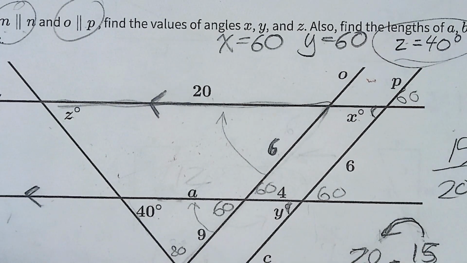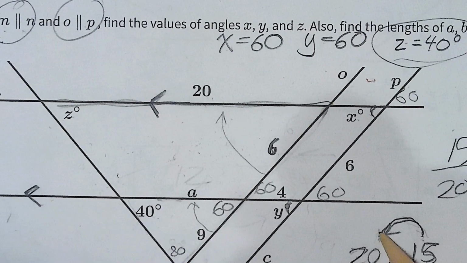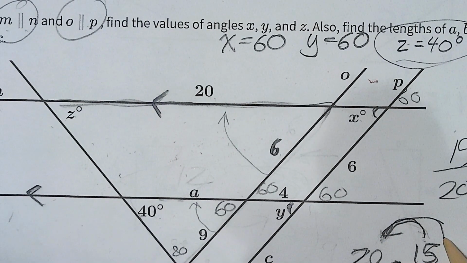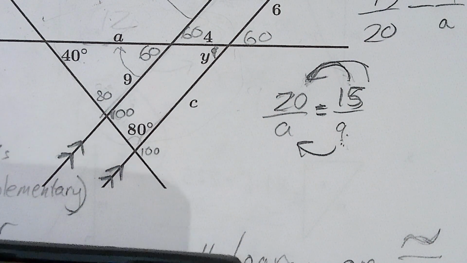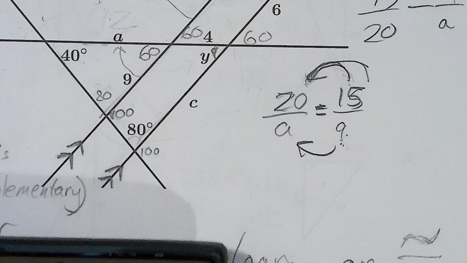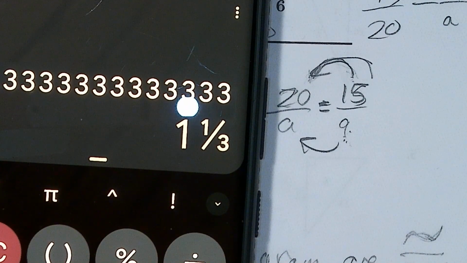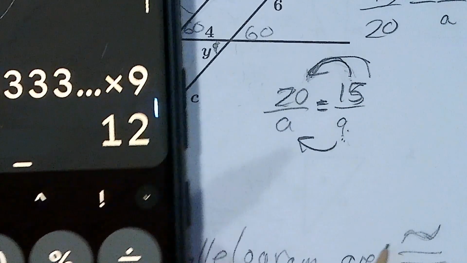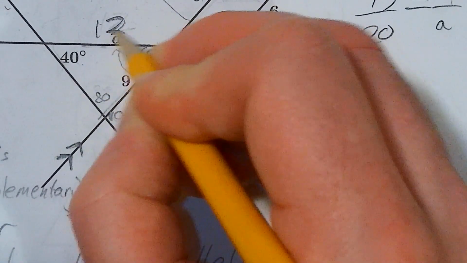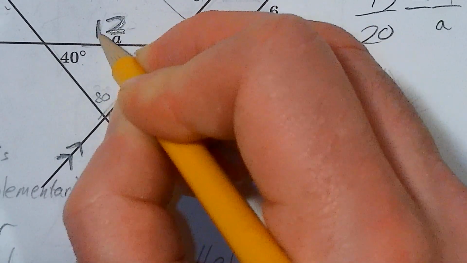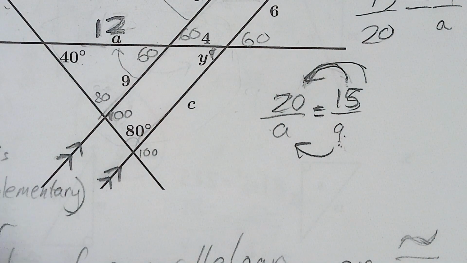So going backwards, 20 divided by 15 is 1 1/3. Fine, great. Times 9. 12. So A is 12. Oh, I already wrote that on there. I did that in the second video of the last videos.